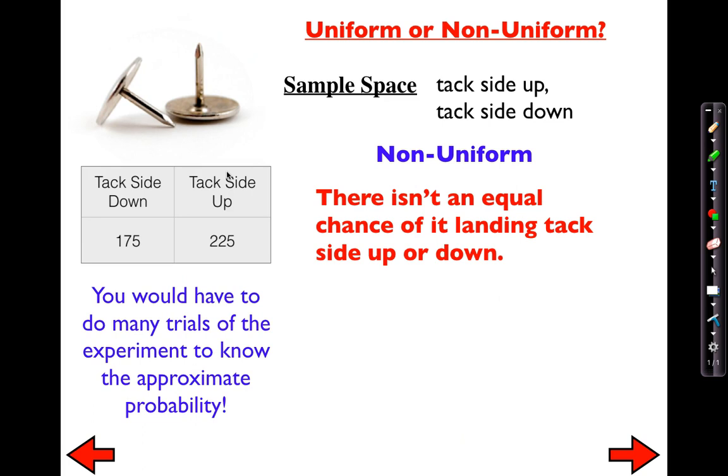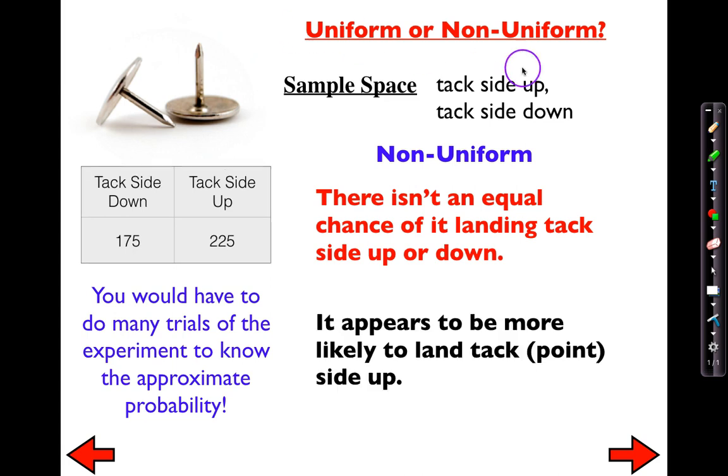So here, pretend we did conduct a couple of experiments, and this is what we had. Is it the tack side down or the tack side up? Here, according to the experiment, we actually see that it was more likely for the tack side up to occur. Like this. Okay, so that is according to our experiment.